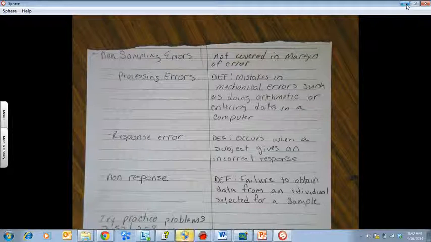Or lie about your weight on your driver's license or something. That's going to be one of those response errors where the person giving the response is not giving a correct response. The last non-sampling error is going to be a non-response error, and that's the failure to obtain data from an individual selected for a sample.